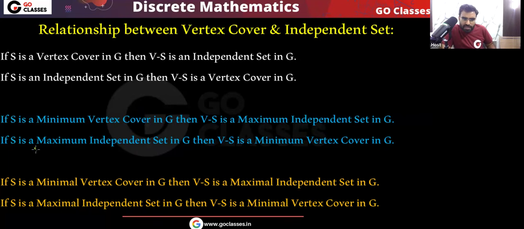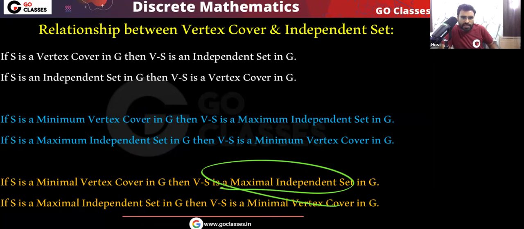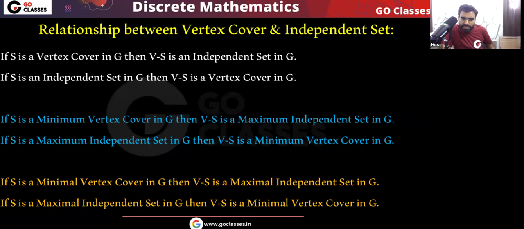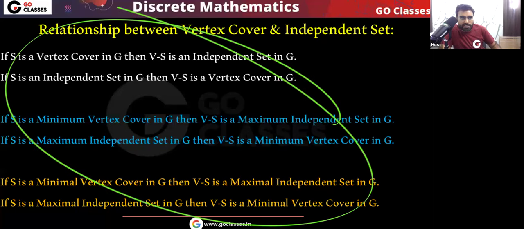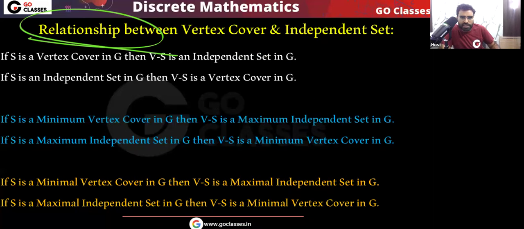If S is the largest independent set, then the remaining vertices will be the smallest vertex cover. If S is a minimal vertex cover, then the remaining vertices will be a maximal independent set. And if S is a maximal independent set, then the remaining vertices will be a minimal vertex cover. So this is just a recap of the relationship between vertex cover and independent set.